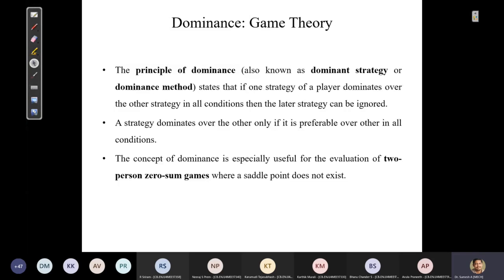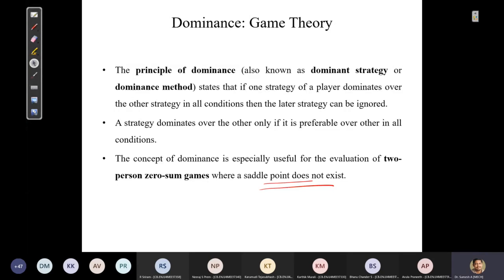The concept of dominance is especially useful for the evaluation of two-person zero-sum games where a saddle point does not exist. So if it is a 2 by 2, you can apply the arithmetic method. If it is not 2 by 2, you have to apply the rule of dominance and try to solve it.